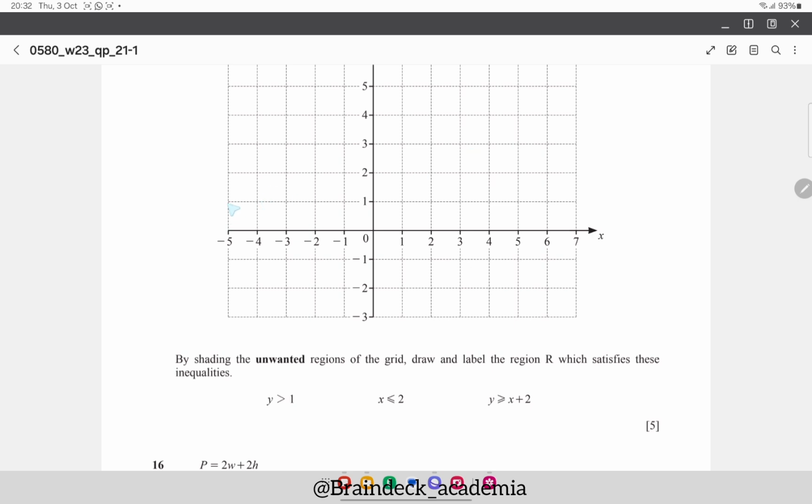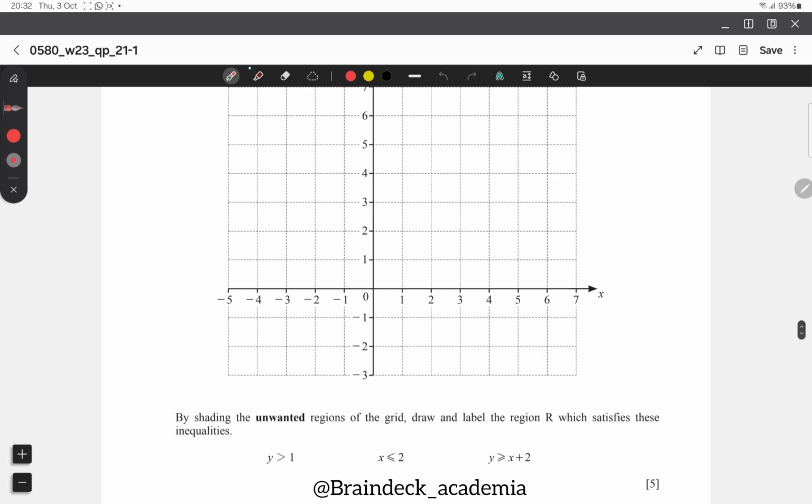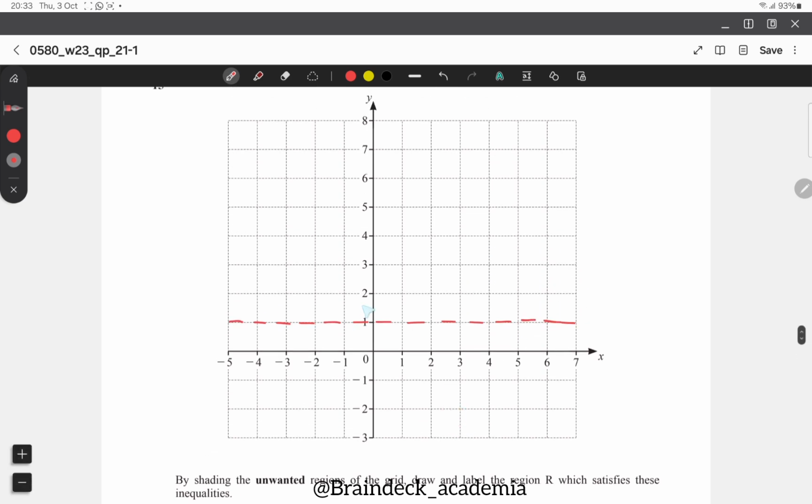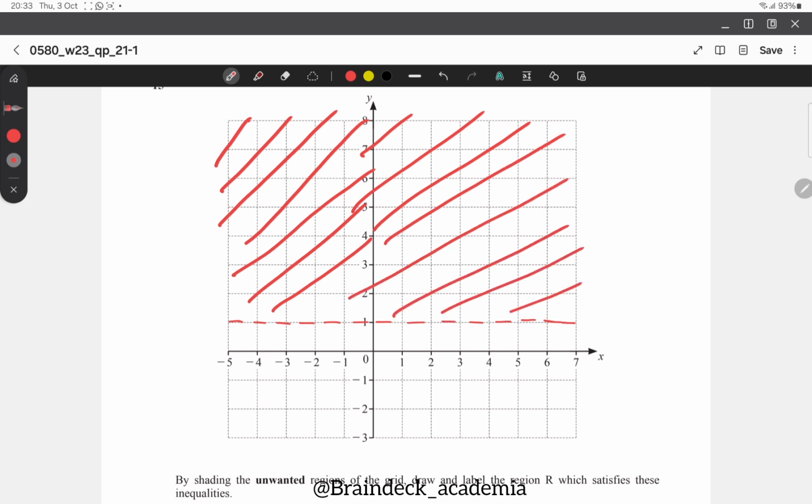We are drawing a dash line through 1. And since it is y greater than 1, every value above 1, you shade it.